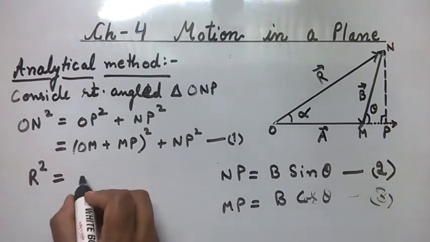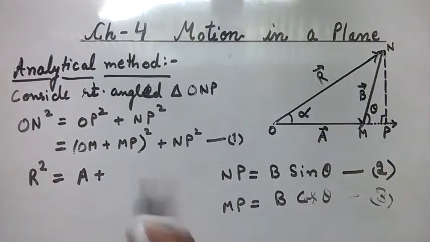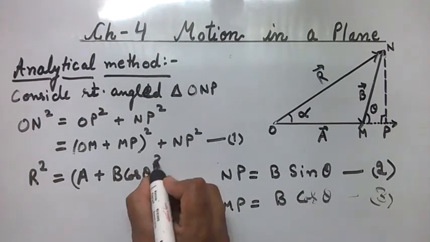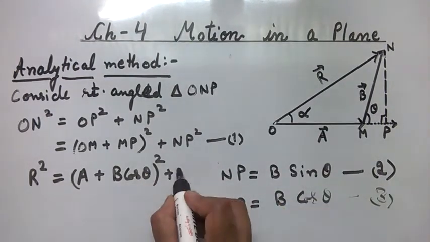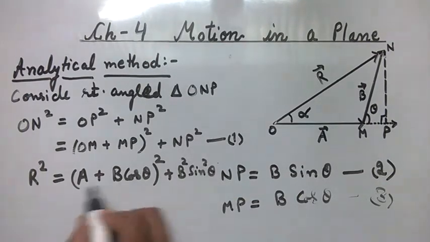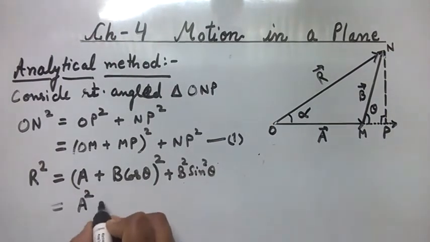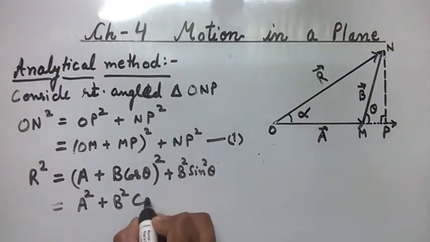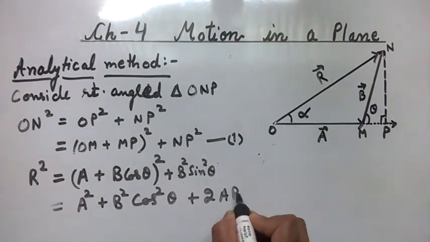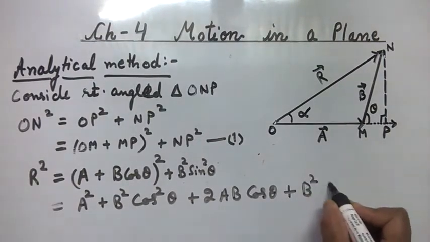OM is A, MP equals B cos theta, whole square plus NP is B square sine square theta. It is equal to A square plus B square cos square theta plus 2AB cos theta plus B square sine square theta.